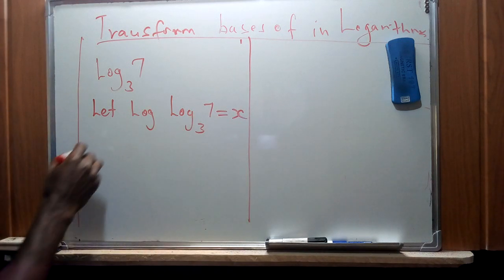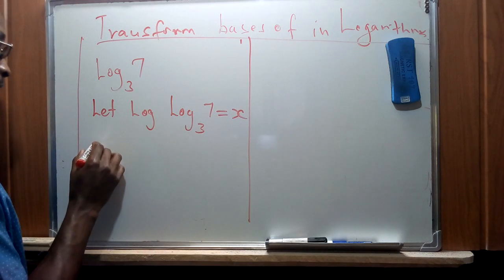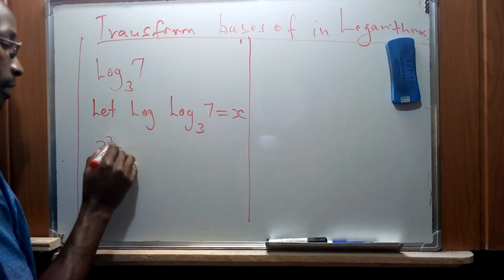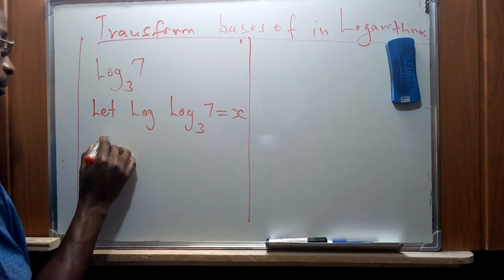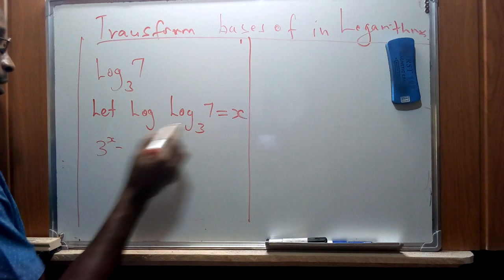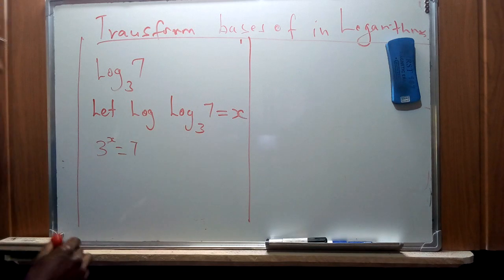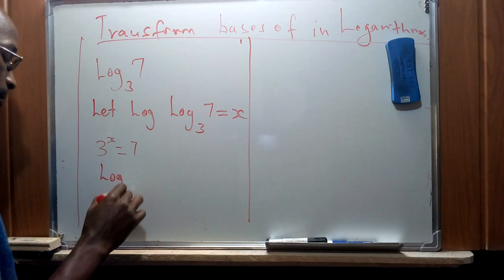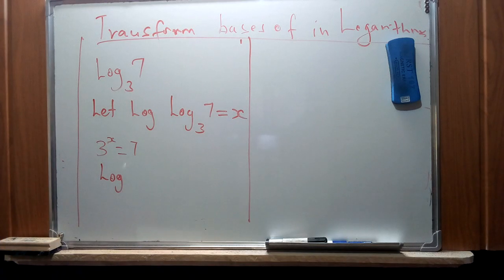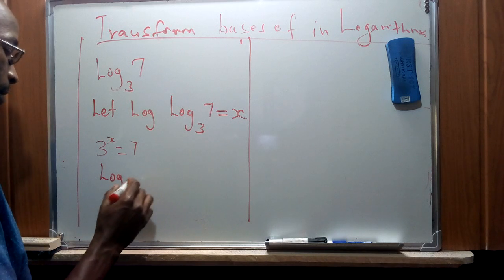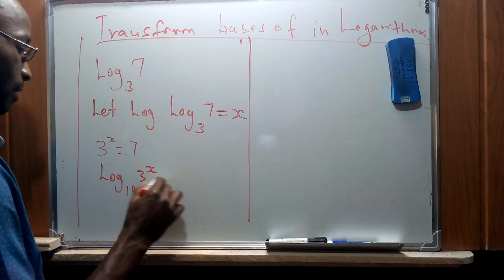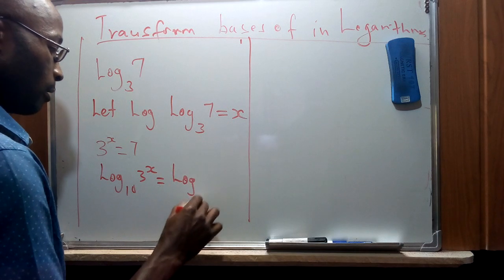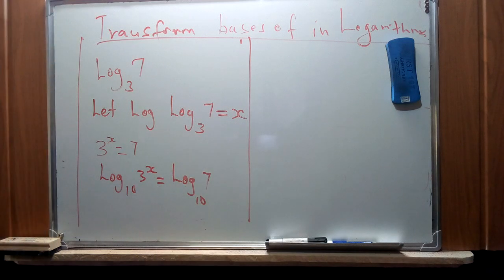Therefore we can write this in the form of an exponential equation. So let 3 raised to x equal 7. So taking logs on both sides, we can use base 10. So log to base 10 of 3^x equals log to base 10 of 7.